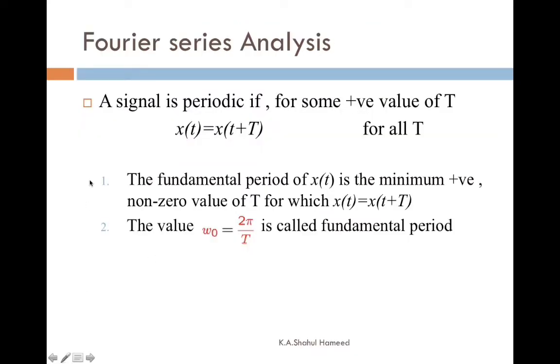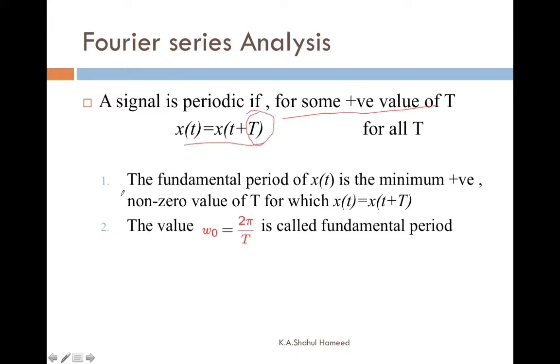Now we are going to discuss Fourier series analysis. First of all, I'm going to define what a periodic signal is, and then we will discuss the Fourier series technique, because Fourier series analysis is mainly used to represent periodic signals. A signal is said to be periodic if for some positive value of capital T, x of t is equal to x of t plus capital T, for all t.